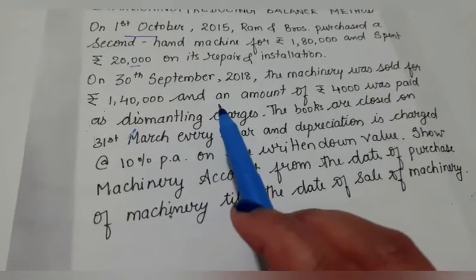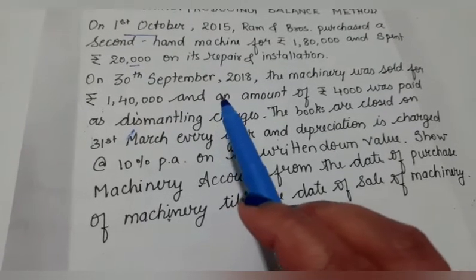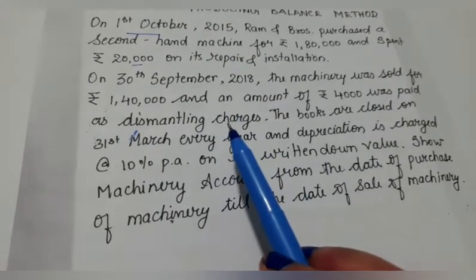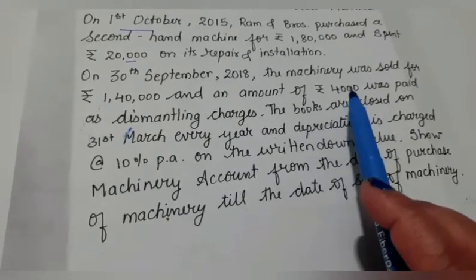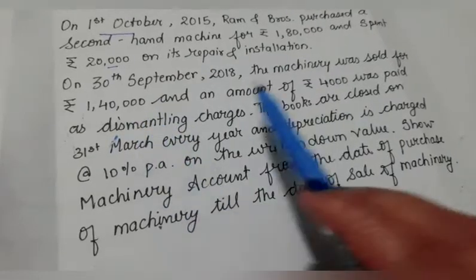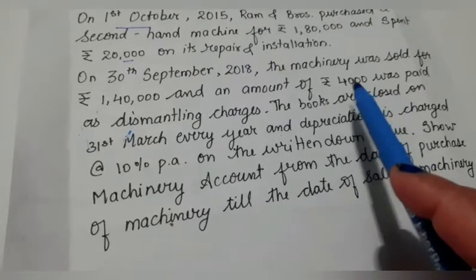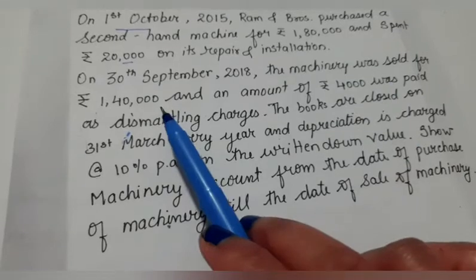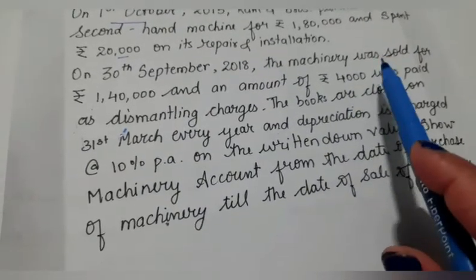So the machinery which was installed has to be dismantled, and for that some charges were incurred by the company, and it is 4,000. So the total sales value here is 1,40,000 less 4,000. So after deducting these dismantling charges, you have to calculate the sales value. That is your sales value. Okay, so from 1,40,000, if you subtract 4,000, that is your sales value.